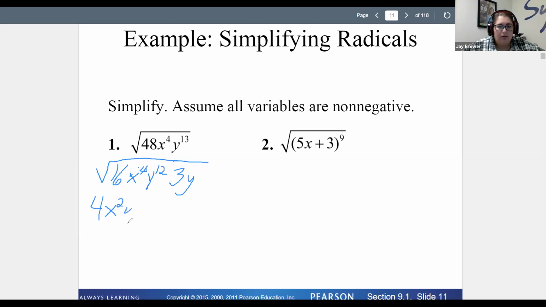Now, y to the 12th is a little bit different. Because they're exponents, you have to think of it as pairings. So how many pairs are in y to the 12th? 6. And then 3 does not have a perfect square in it, and y does not have a pair with it. So that is your overall answer for this problem.